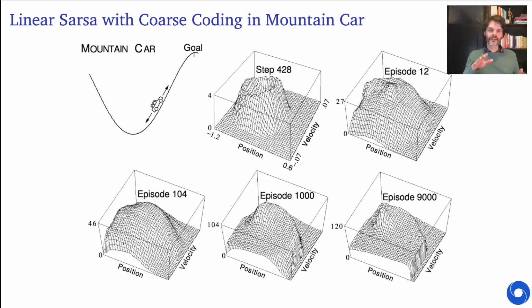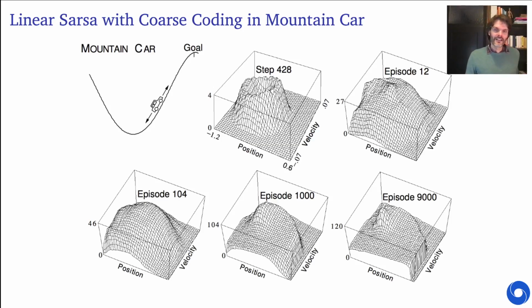Tile coding then applies multiple tilings that overlap, but not exactly, so they're offset from each other. You could be in one tile from one tiling, but in a different tile from a different tiling. If you move slightly, you transition from one tile to another in one of the tilings, but not necessarily in the other. This is very similar to the circles we saw before for coarse coding. It's basically the same idea, but with squares rather than circles.